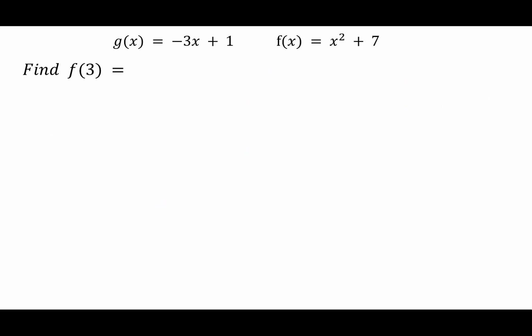Okay, so now let's look at this. I'm given two functions here up at the top. g of x is equal to negative 3x plus 1, and f of x equals x squared plus 7. And they tell me to find f of 3. So this tells me right here which function I'm using.